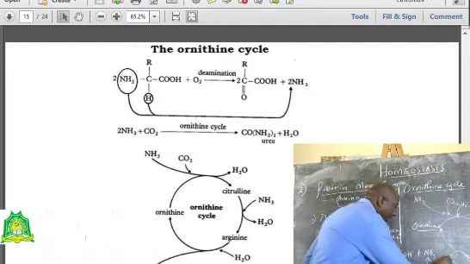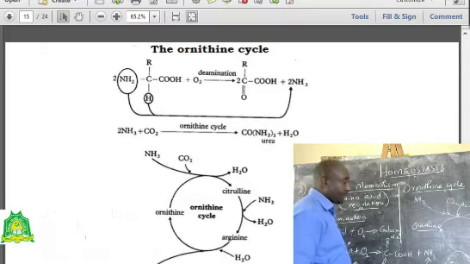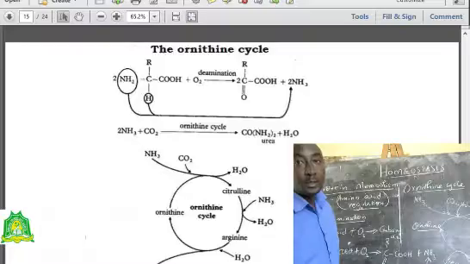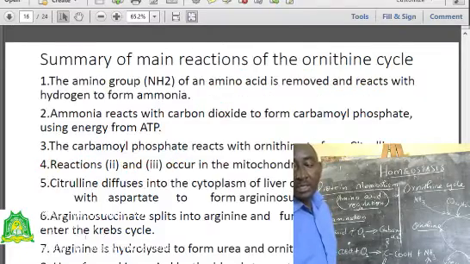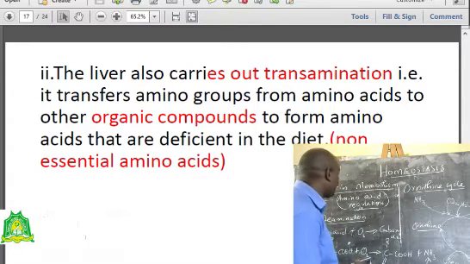Now this urea is the one that will be transported in blood until it reaches the kidney. In the kidney, that is when it will be eliminated from the body. That is what occurs.